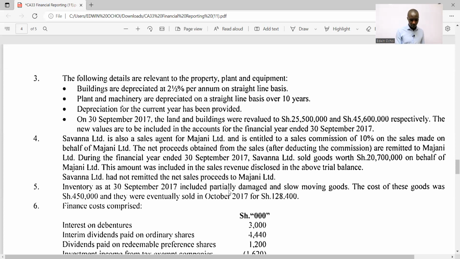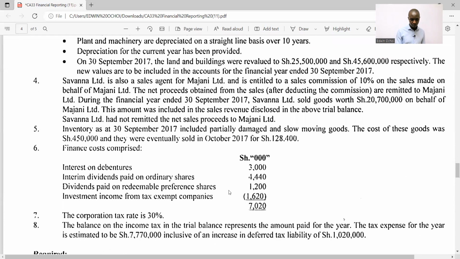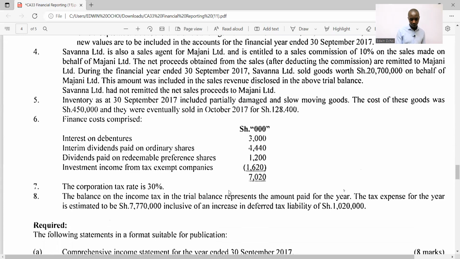Number 6, finance cost comprised interest on debentures, interim dividends paid on ordinary shares, dividends paid on redeemable preference shares, and investment income from tax-exempt companies. So the finance cost contains these items, and you are told tax is 30%.